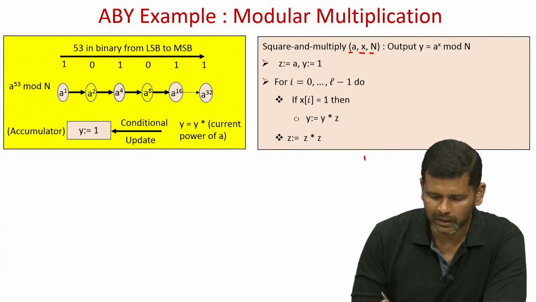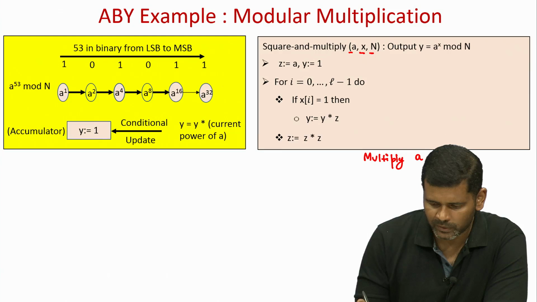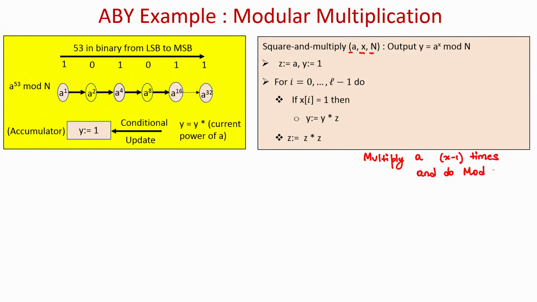We do not multiply a, x minus 1 times, and do mod. We do not do this because this requires exponential amount of time. Rather we compute a to the power x modulo n by using the square and multiply trick.